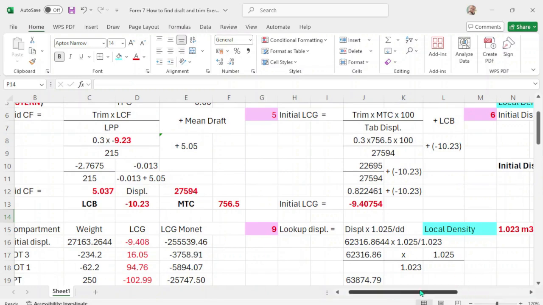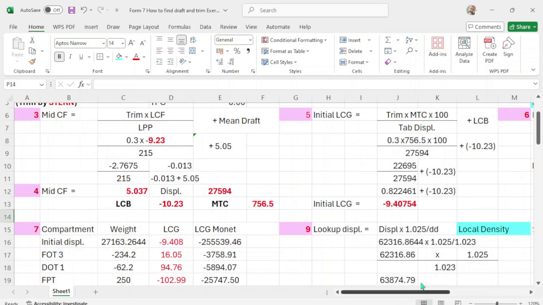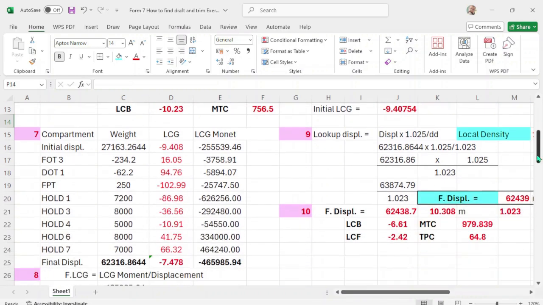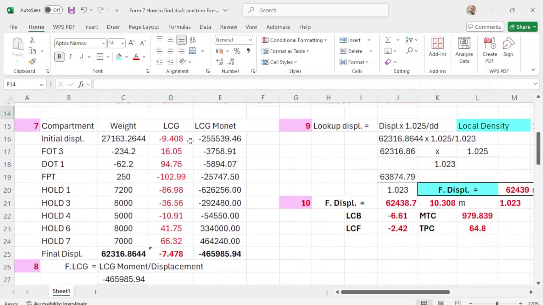And with the same weights that I have in the last video, which are all the same here, my final displacement is 62316.864, and the final LCG is negative 7478, and this is the final LCG moment.